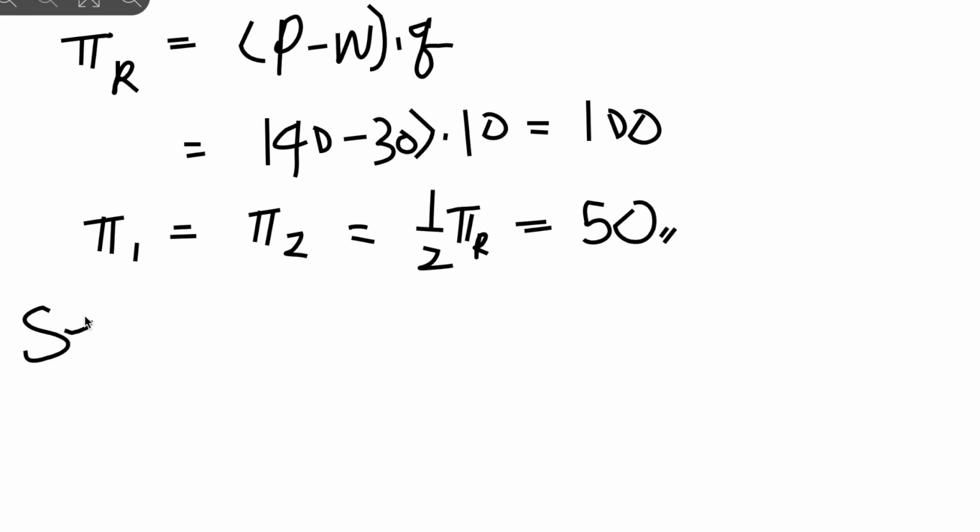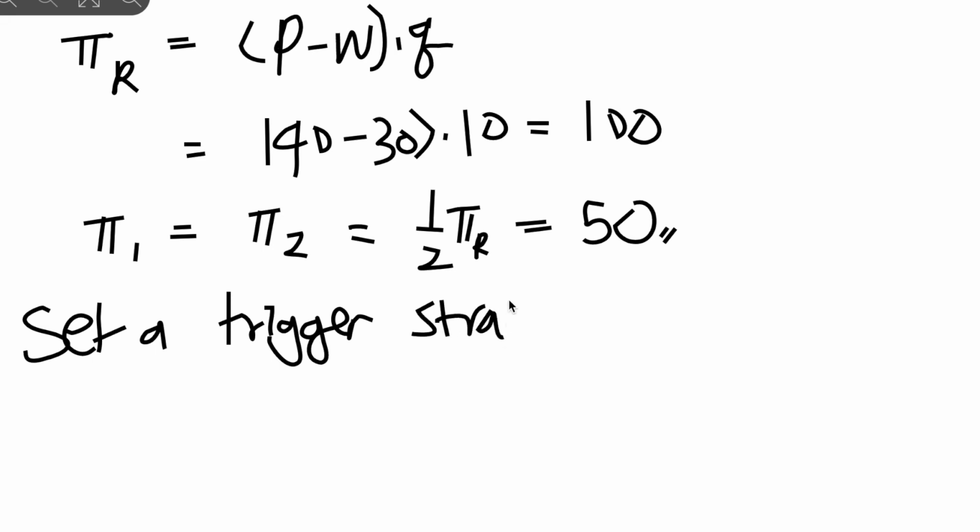So what we want to do is set a trigger strategy, right? And we want to make the other follow the monopolist price, right? To agree. So let's look at the aggregate profit of an infinite-time duopoly, versus a one-time betrayal of taking the whole monopoly profit just for one time, right?